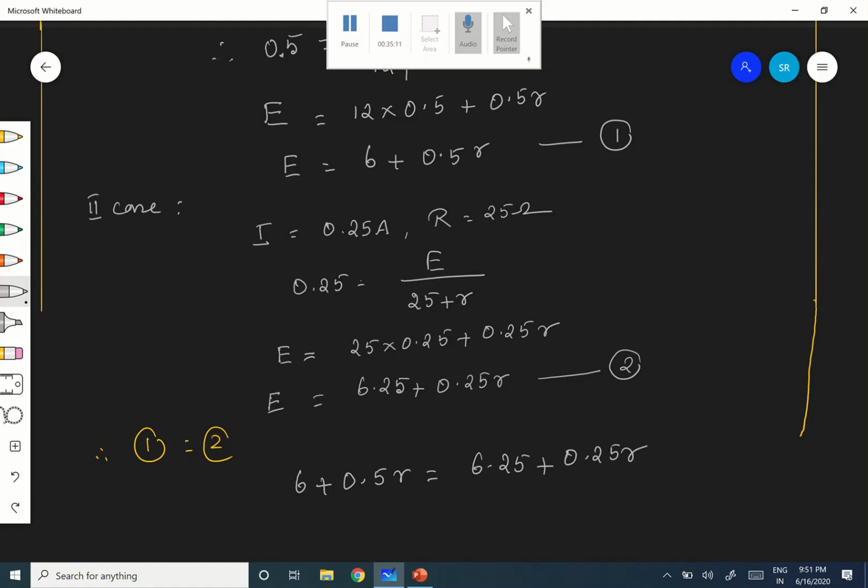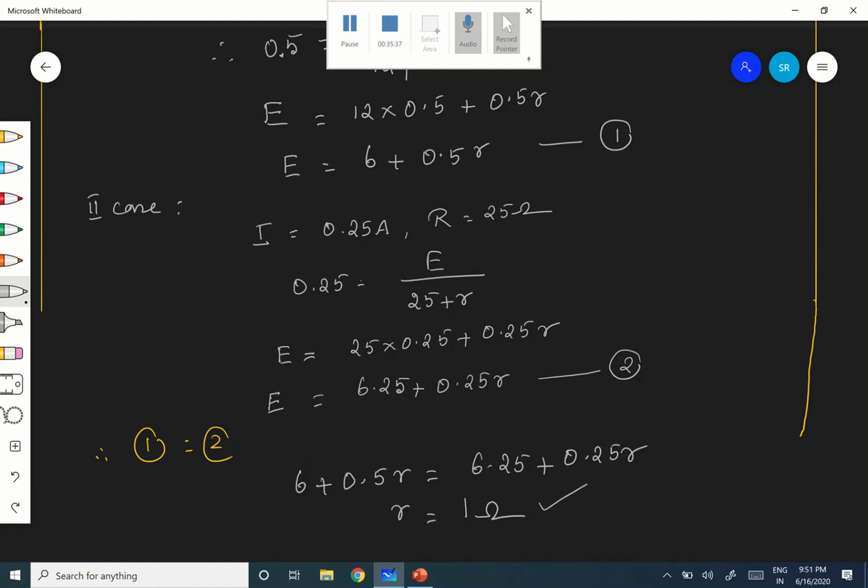If you solve, r is equal to 1 ohm. Are you following? Checking: 6.25 plus 0.25 r is equal to 6 plus 0.5 r. So r is equal to 1.